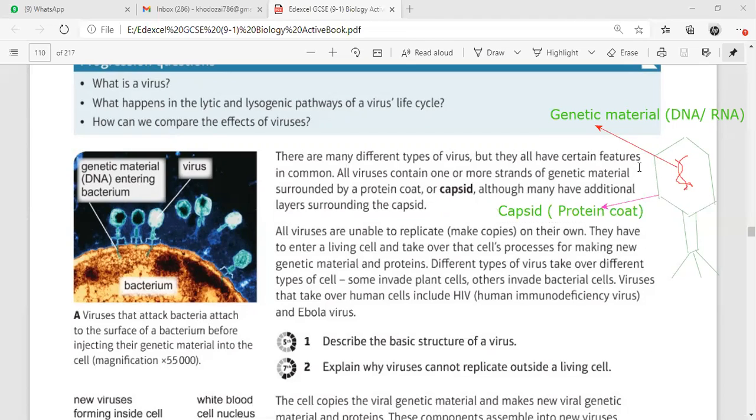A virus can be a DNA virus or an RNA virus. What does it mean? A DNA virus contains DNA as its genetic material, and an RNA virus contains RNA as its genetic material. COVID-19 is an RNA virus.